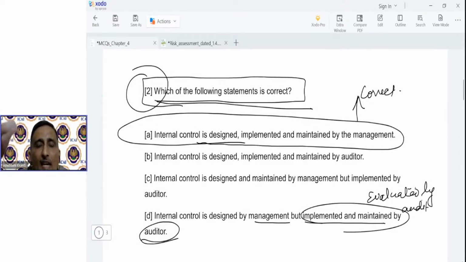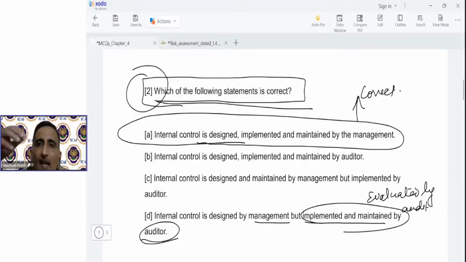He only evaluates whether the control system is functioning or not, whether controls have operated effectively or not, whether the design of controls is faulty or proper. These things fall in the duties and responsibilities of the auditor.